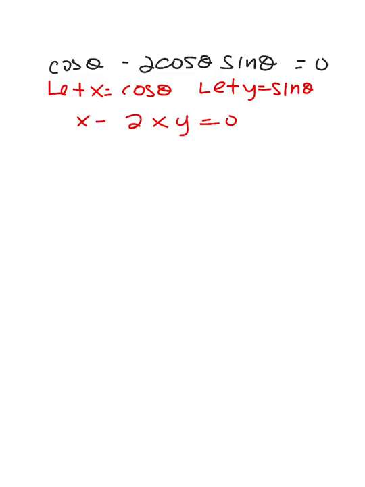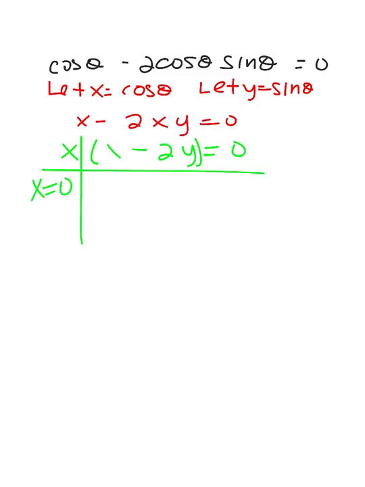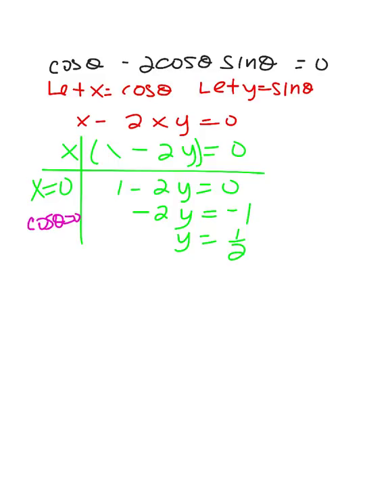I'm going to factor out the GCF of x times 1 minus 2y equals 0. T-chart, we get x equals 0, 1 minus 2y equals 0. Minus 1, I get negative 2y equals negative 1. Divide by negative 2, I get 1/2. Replace x with cosine theta. So cosine theta equals 0. That's special. It's on the axes. And so I have sine theta is my y, which is 1/2.